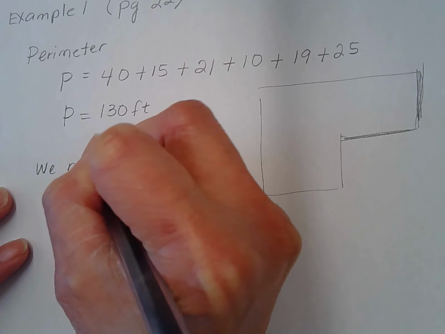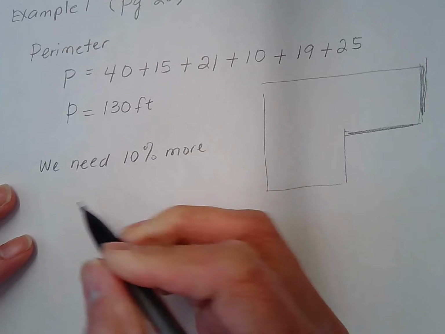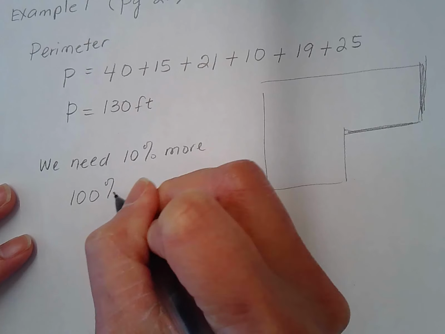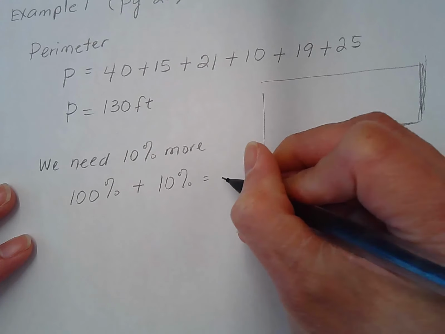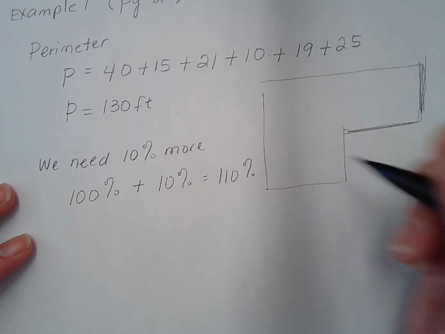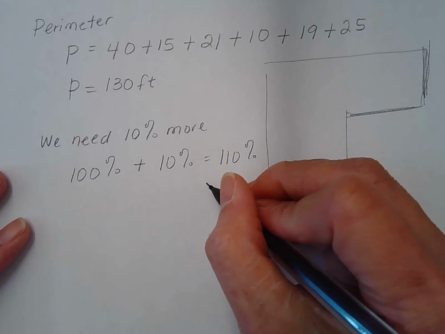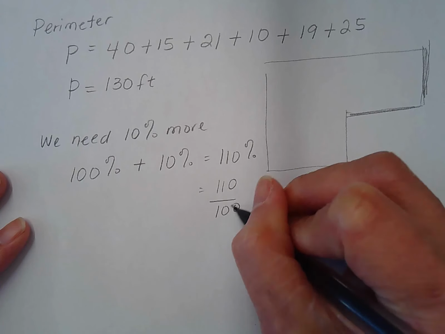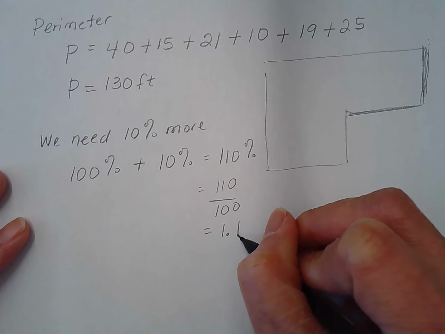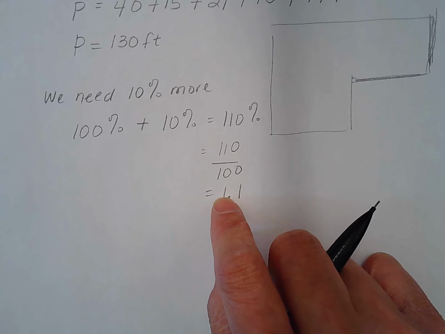We need 10% more. So 100% plus 10% more. So that's going to give us 110%. So 110%, if we change that into a decimal, it's going to be 110 divided by 100. That's 1.1. So that's where that 1.1 came from.